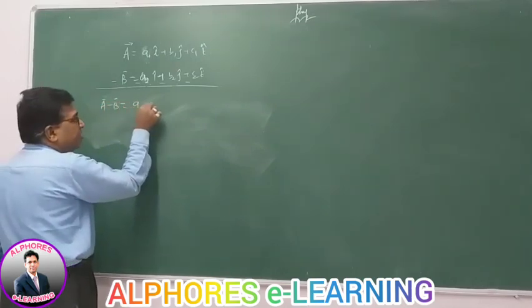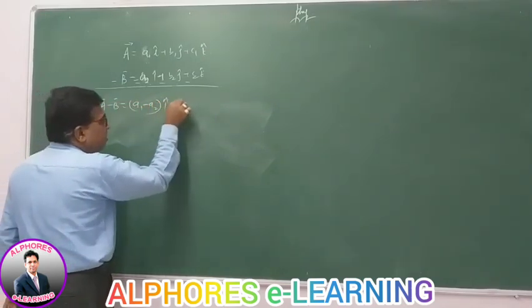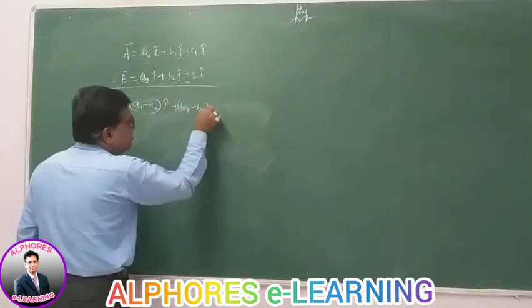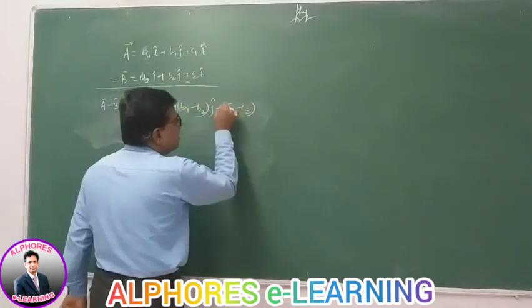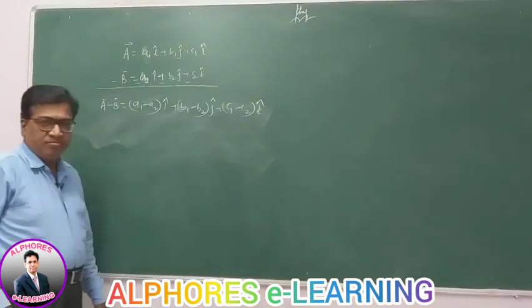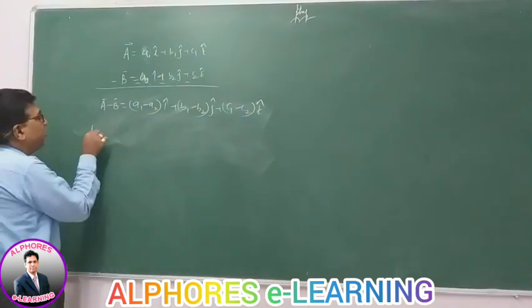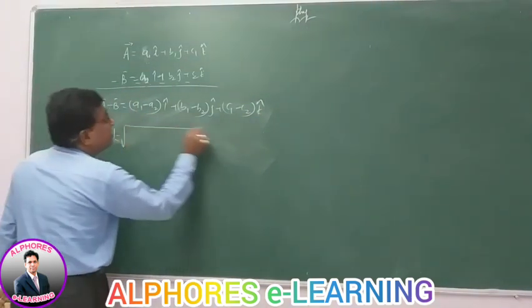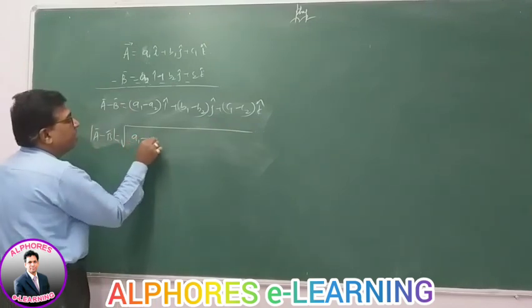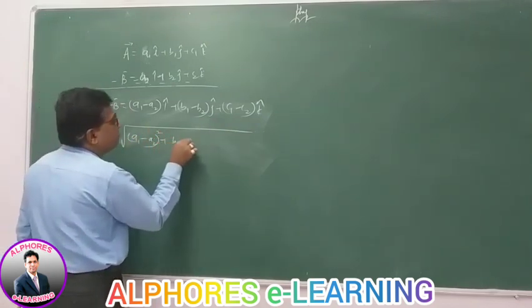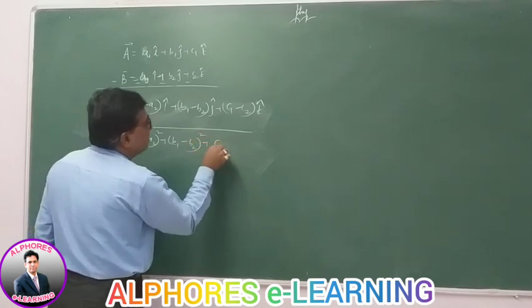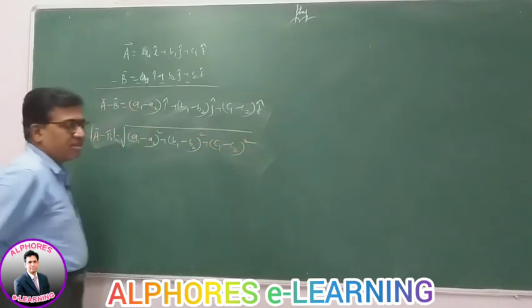That is a1 minus a2 of i cap plus b1 minus b2 of j cap plus c1 minus c2 of k cap. If I take the magnitude of a bar minus b bar, it's the under root of (a1 minus a2) whole square plus (b1 minus b2) whole square plus (c1 minus c2) whole square.